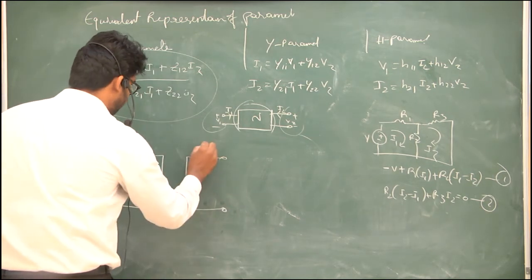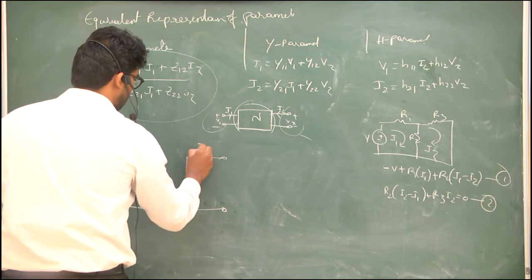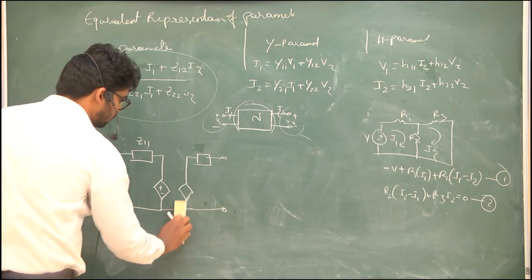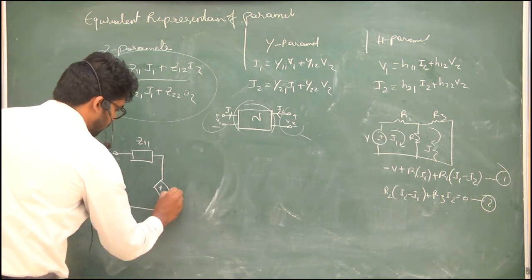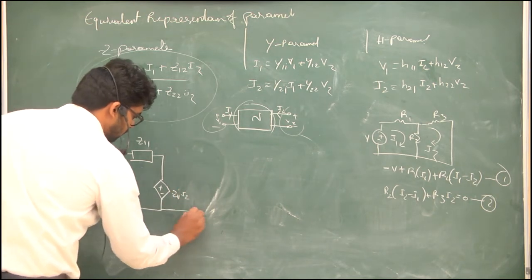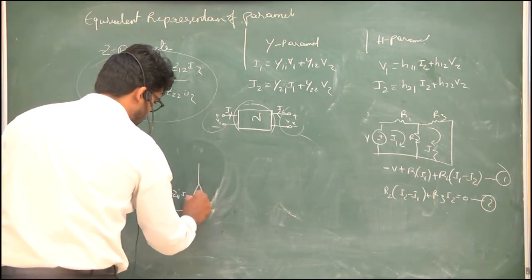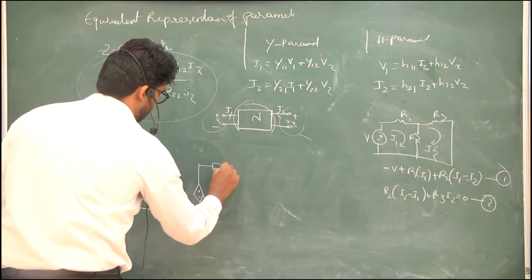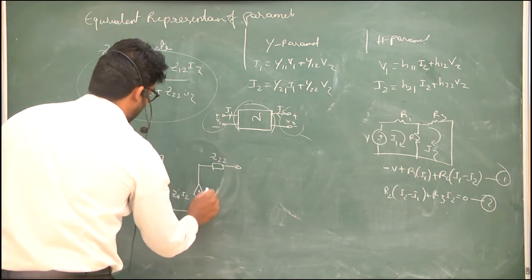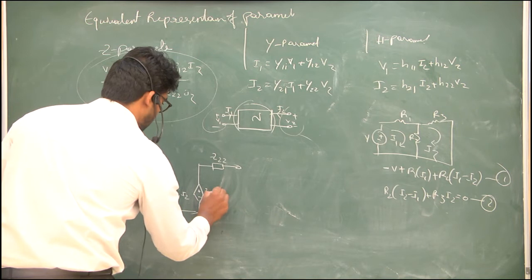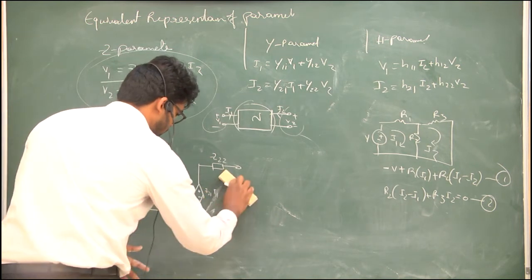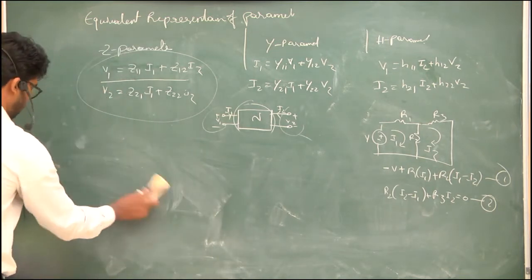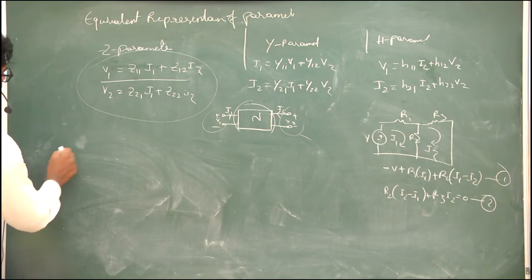This line is important. This is Z11 and this is Z12 I2. This is Z22, this is Z21 I1. So I am representing these equations.